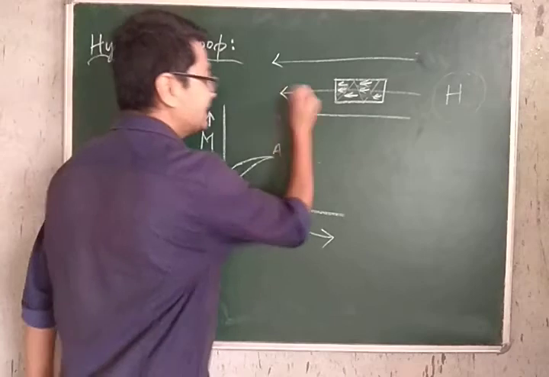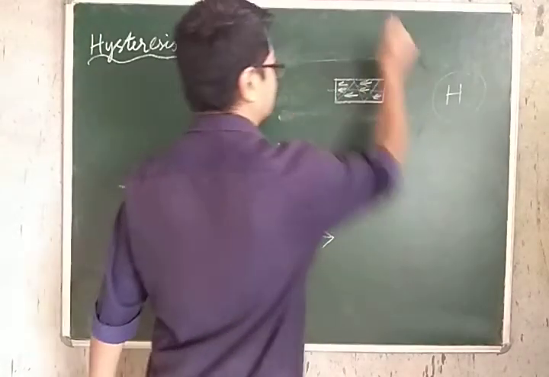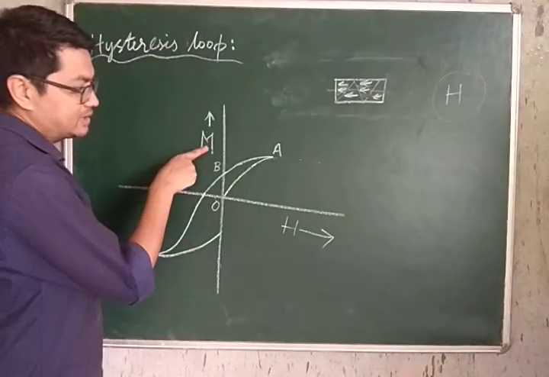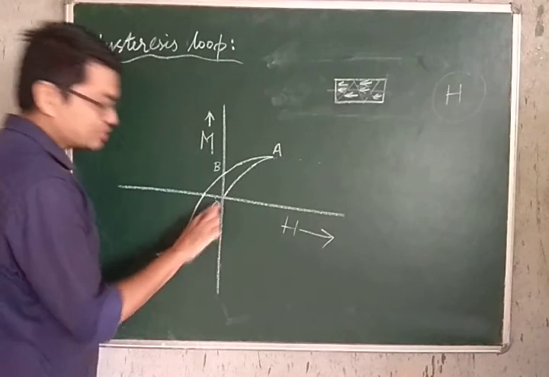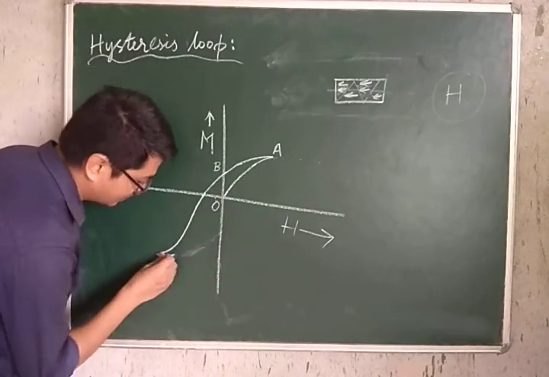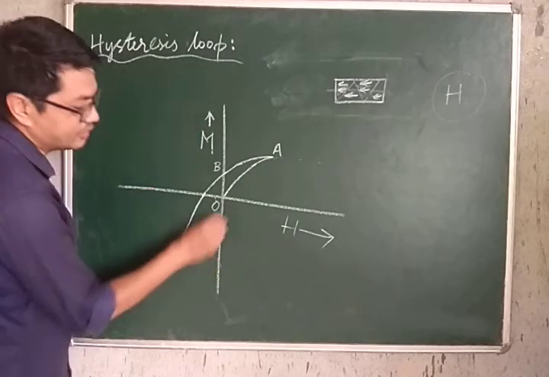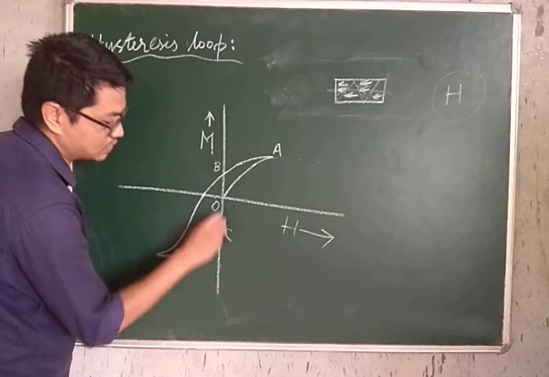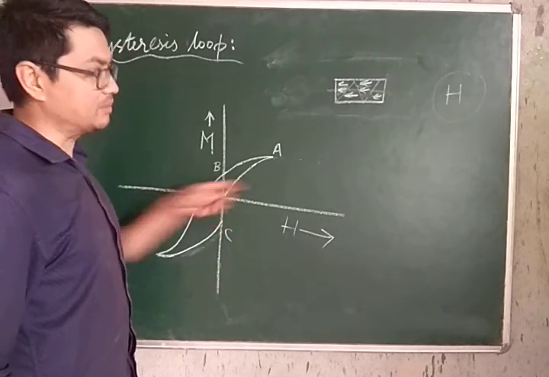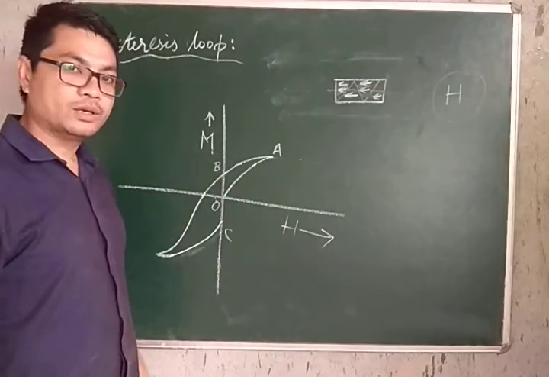And when you completely remove the external magnetizing field in this direction also, then you will see again that the ferromagnetic substance has retained some magnetic behavior because of its retentivity. It has retained this OC, let me call this OC. So it has retained again some magnetic behavior, but it's in the opposite direction to the previous case, mind you.